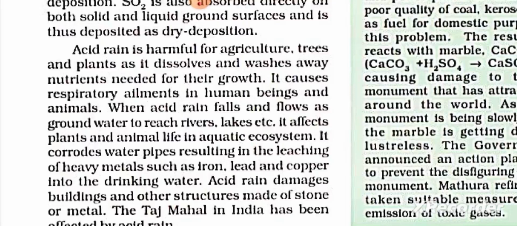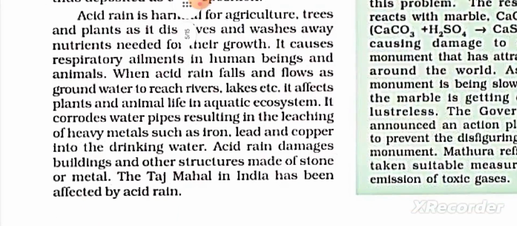It corrodes water pipes, resulting in the leaching of heavy metals such as iron, lead and copper into drinking water. Acid rain damages buildings and other structures made of stone or metal. The Taj Mahal in India has been affected by acid rain.